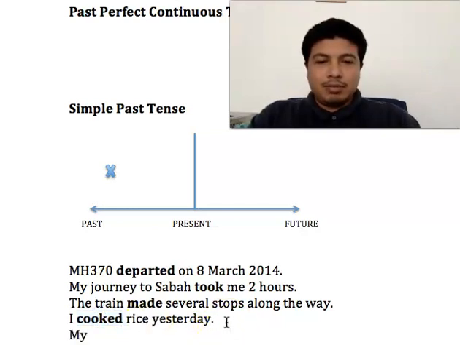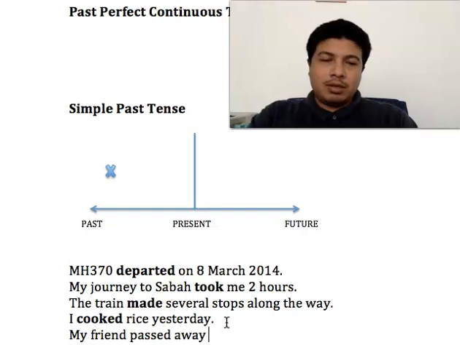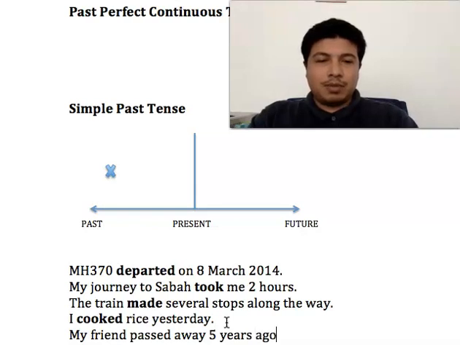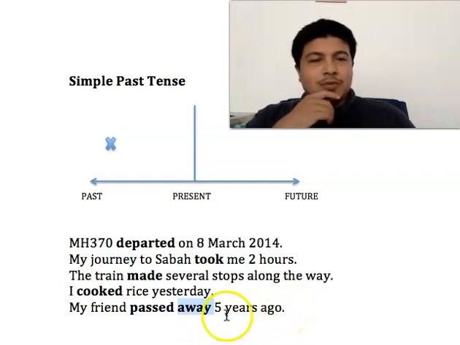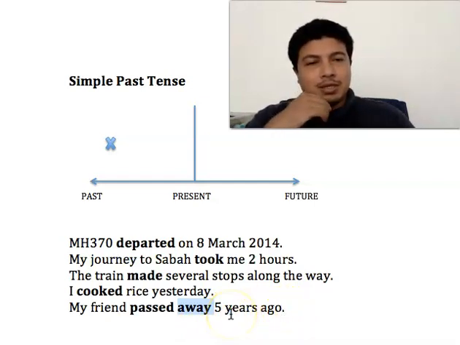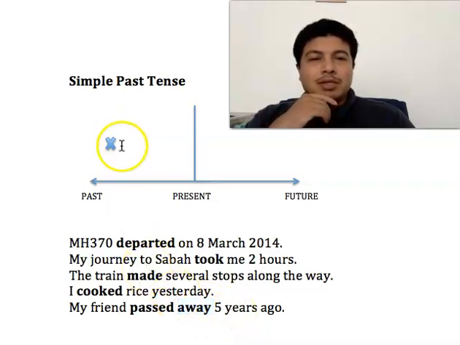And my friend passed away 5 years ago. Pass away is past tense. Or you can also put a year here, in 2015, for example. So that is simple past tense.